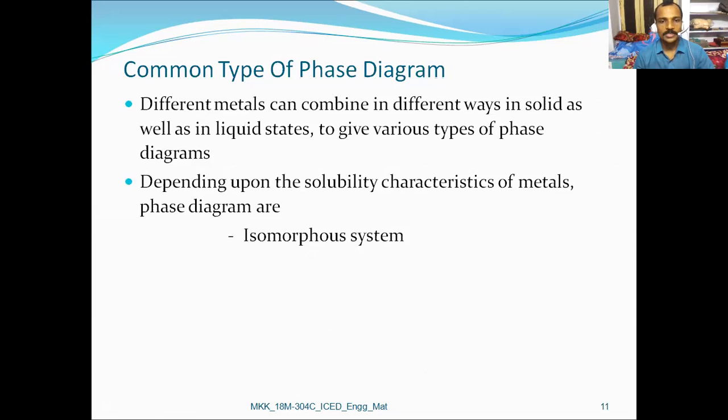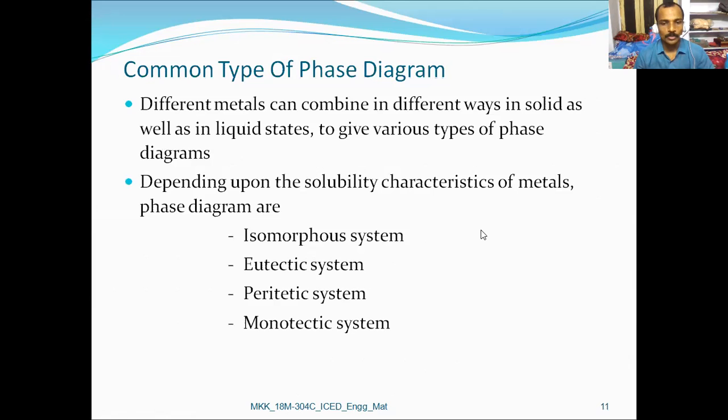Depending upon the different ways in which different metals are combined in the solid state, and depending upon the solubility characteristics of metals, phase diagrams are formed in different systems. So the first system is the isomorphous system. Second is the eutectic system, then the peritectic system, monotectic system, and eutectoid system.